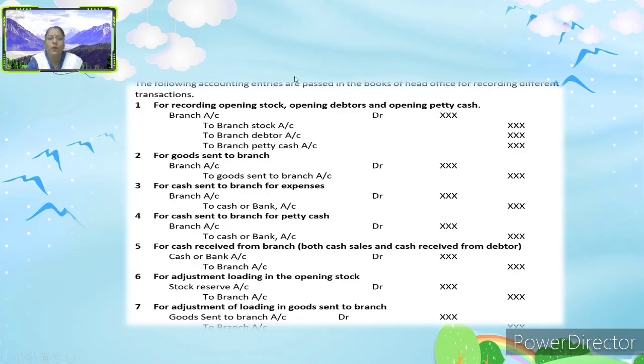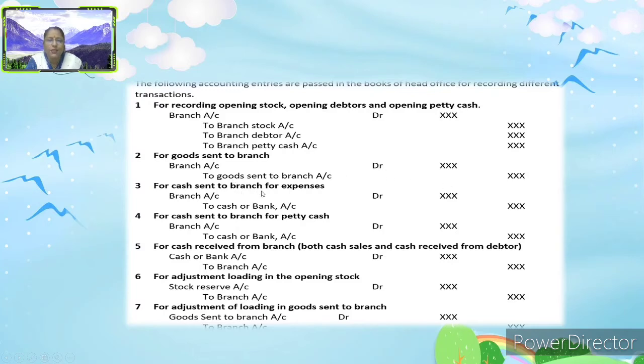The following accounting entries are passed in the books of the head office for recording different transactions. The first one is for recording opening stock, opening debtors and opening petty cash: Branch account debit to branch stock, branch debtors account, branch petty cash. Then for goods sent to branch: branch account debit to goods sent to branch account.